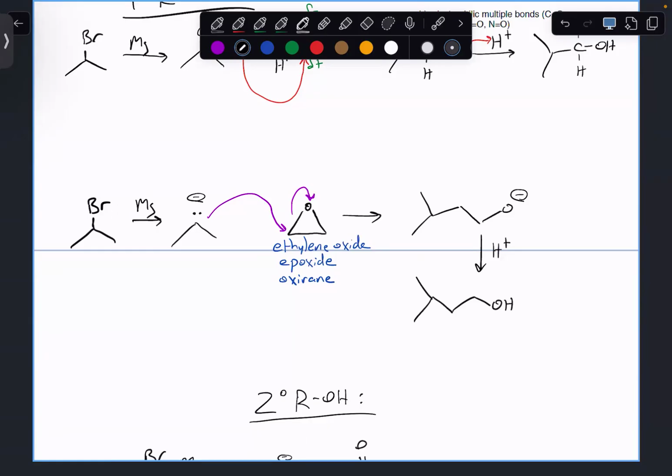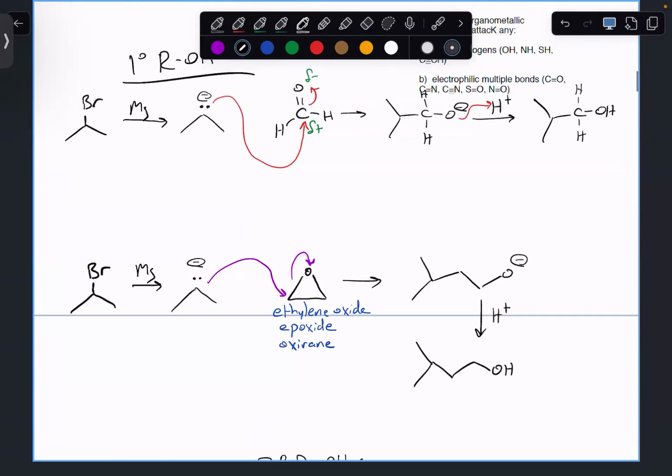So both of these reactions result in a primary alcohol. The only thing you have to be aware of is that formaldehyde has only one carbon. So you'll note in that reaction, the nucleophile had three carbons, the electrophile had one carbon, and so our product ended up as a four-carbon alcohol.